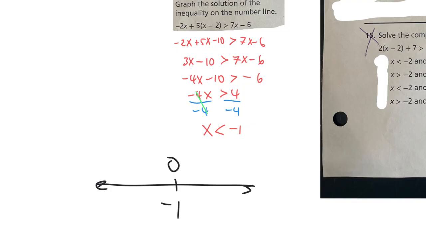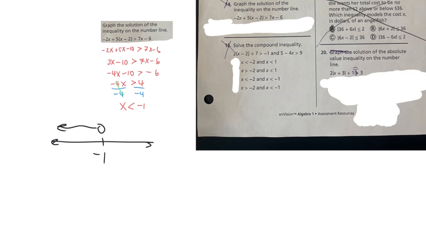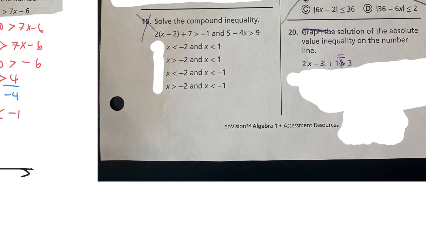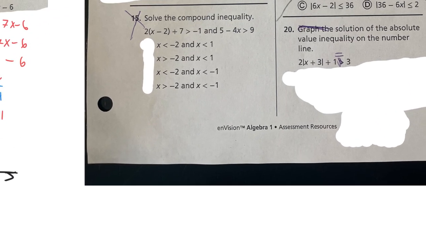There is sort of a trick that says anytime the variable is on the left in this sort of final inequality, you can kind of treat this like it's an arrow. See how it looks a little bit like an arrow pointing to the left? So that would be the answer. Okay, so that's that one. Solving a compound inequality right here.